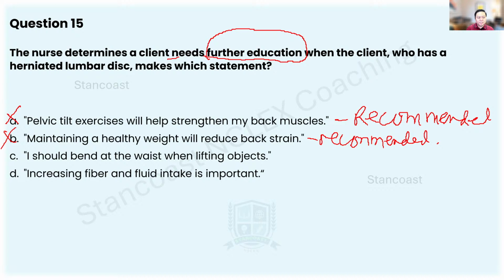If you are answering letter C, I should bend at the waist when lifting objects. This is a red flag, especially bending at the waist plus the lifting of objects. We don't know really what the object is. Is that heavy? Is that light? It's kind of vague, but our red flag here is bending at the waist.